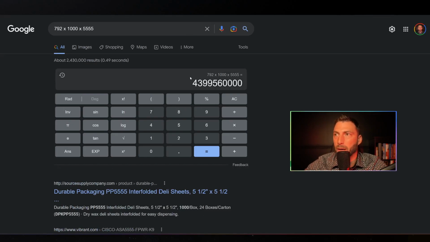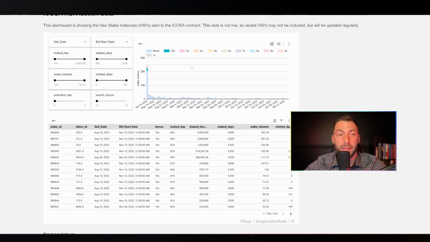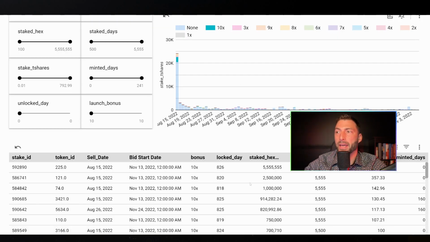Let's make it even bigger. This is 4.4 billion basically. So the minimum bid, if I did that right, I think I did, is 4.4 billion Hedron will be the starting bid for this HSI. You basically just take this T shares, times it by 1,000, times it by the stake length in days. If that makes sense. And I think that's going to be the minimum bid.